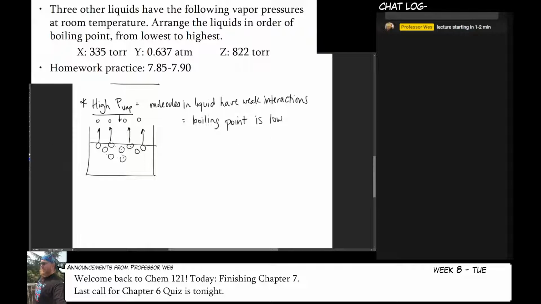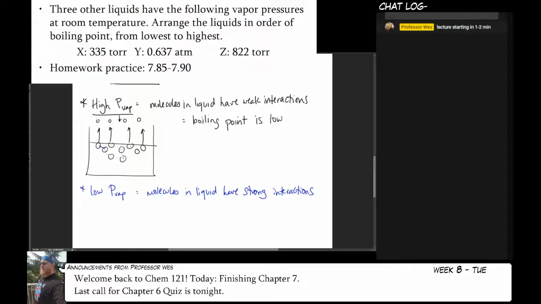Now, what happens if molecules have strong interactions? Then their vapor pressure is low, which indicates that the molecules will have strong interactions instead.